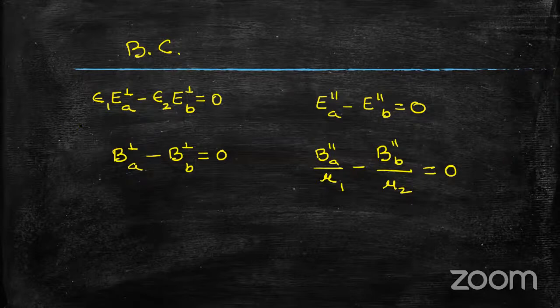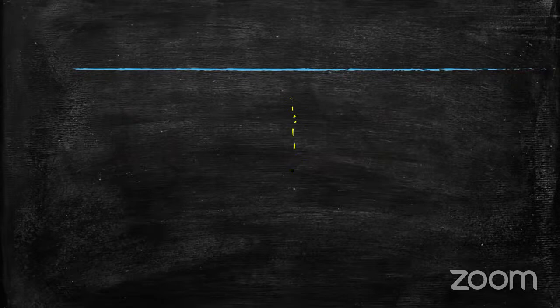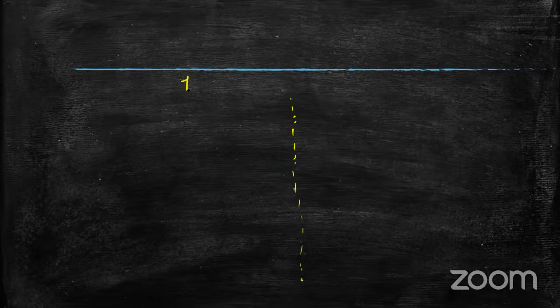With these boundary conditions, we'll connect the electric and magnetic field from one side to the other. So let's write the electric field and magnetic field for a wave. Let's divide into two areas. This is the boundary; we have material 1 and material 2.